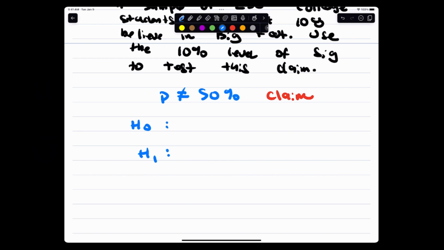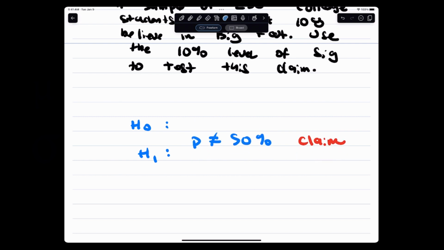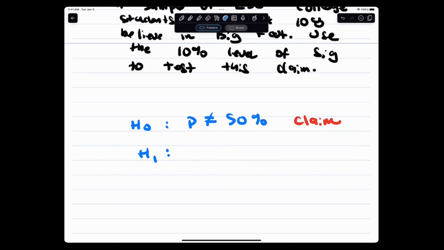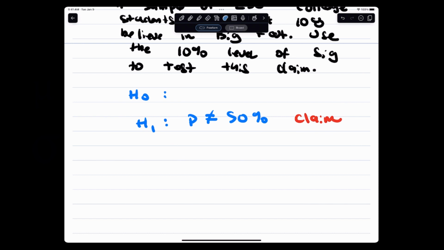Where does that belong? Is that a null or an alternate? An alternate, because it's not equal. Good. You're right. Put it in the alternate position because it's not equal.